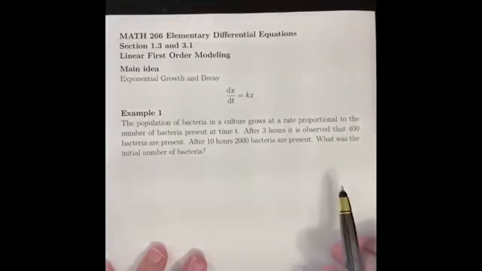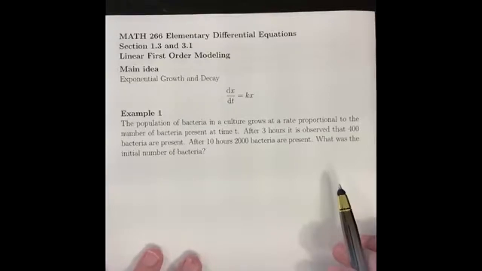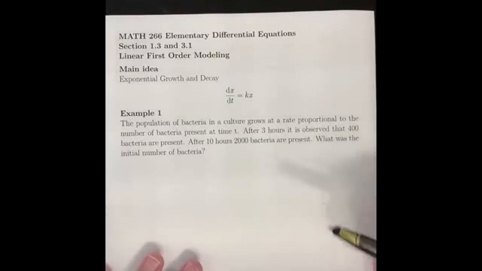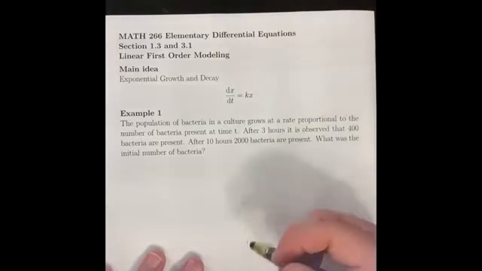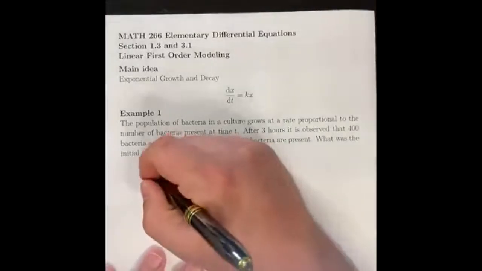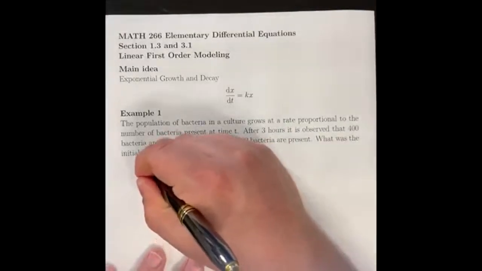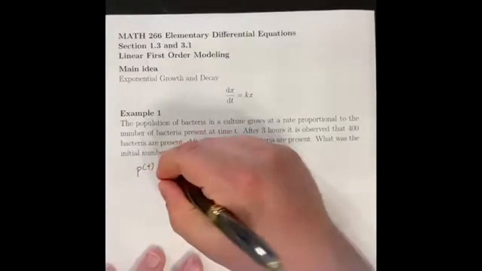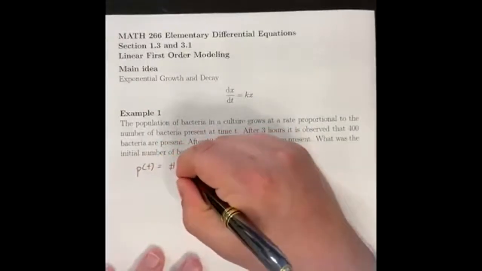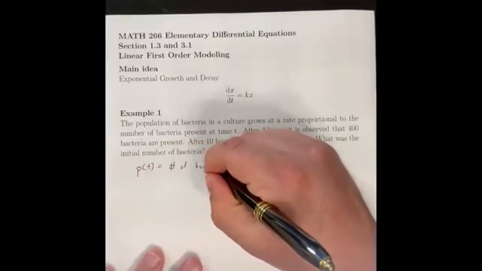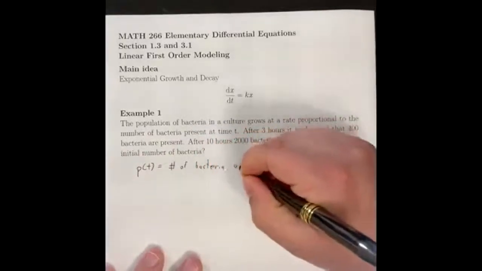Okay, so in order to set up this problem, it's helpful to kind of create some labels for things. So for example, we want to think about the number of bacteria. So let's pick a variable for that. And so for example, in this case, I might pick P(t) to be the number of bacteria at time t.